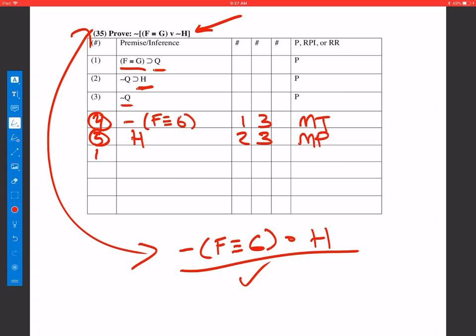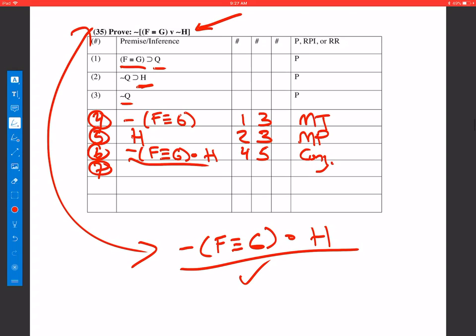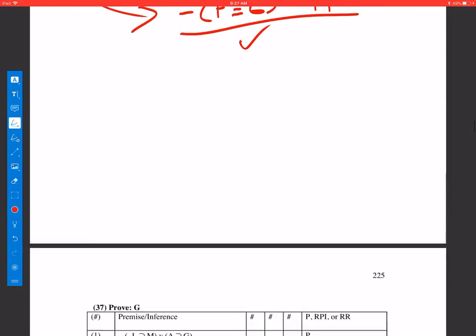So I get the H. 2, 3 modus ponens, and now I simply put these two together, not F if and only if G and H, 4 and 5, conjunction, and as we said before, this expression we can apply De Morgan's to, and we get not F if and only if G or not H from 6 by De Morgan's, and we're done.